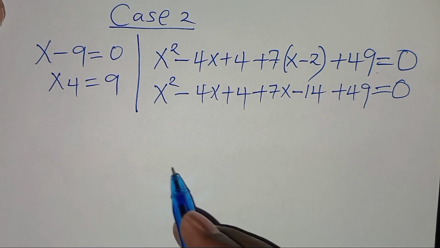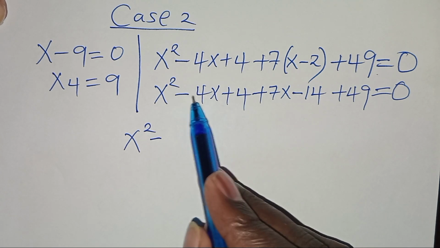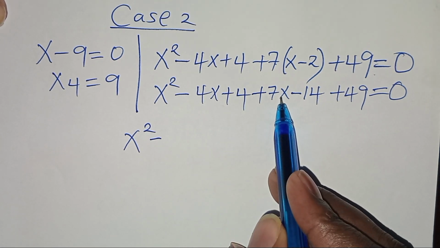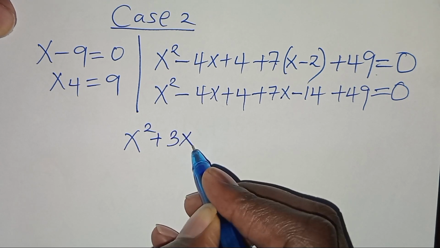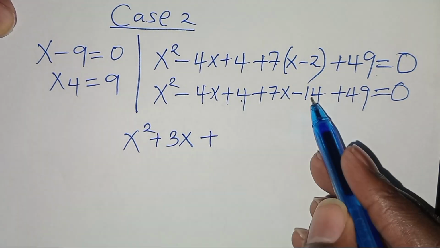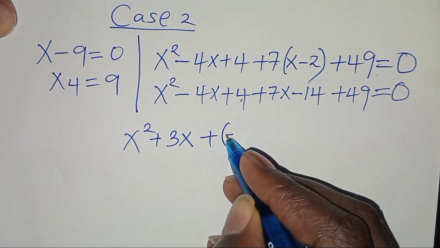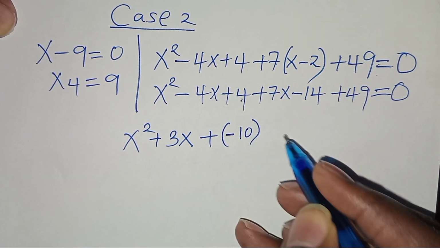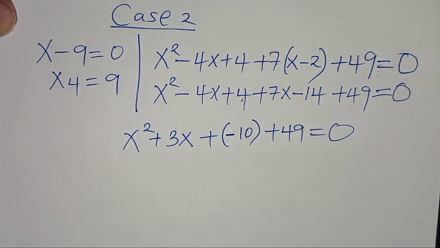The next step here, we have x to the power 2 subtract 4x plus 7x. This essentially is equal to plus 3x. Then plus 4 subtract 14. This is actually minus 10 plus 49. This is equal to 0.